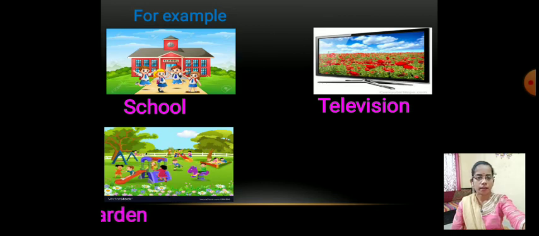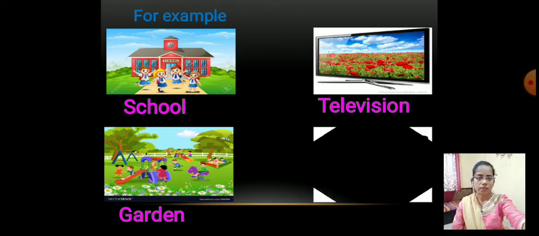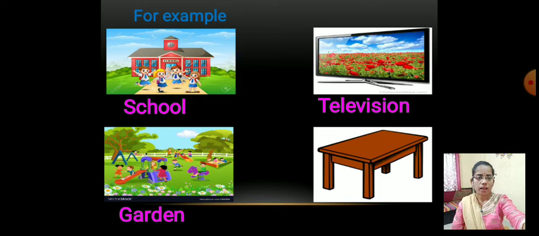Next, garden. Garden is a place where children play. So garden is related to the neuter gender. And last one, table. Table also belongs to the neuter gender.